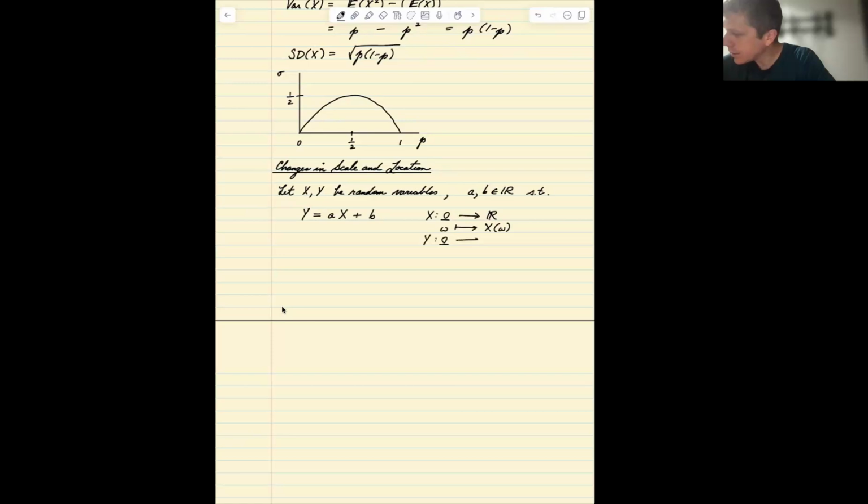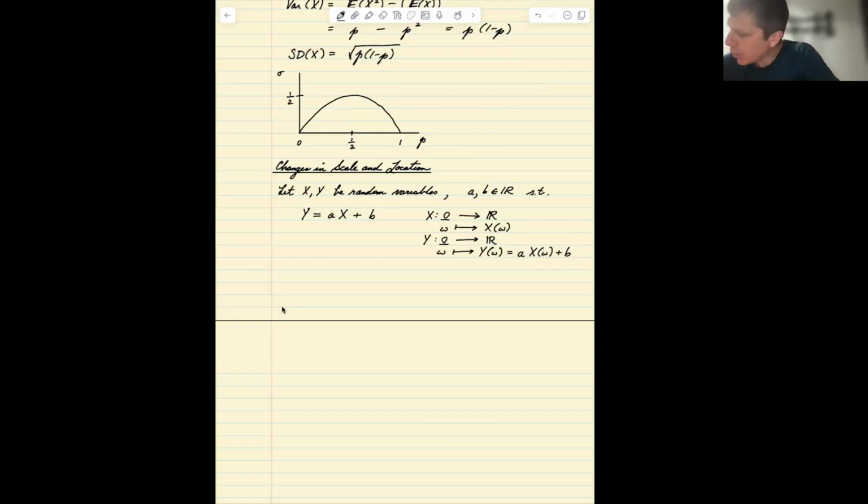And similarly, Y is a random variable, so it takes sample points to real numbers, and we define those real numbers in terms of the values that X takes. So that's how we define this.